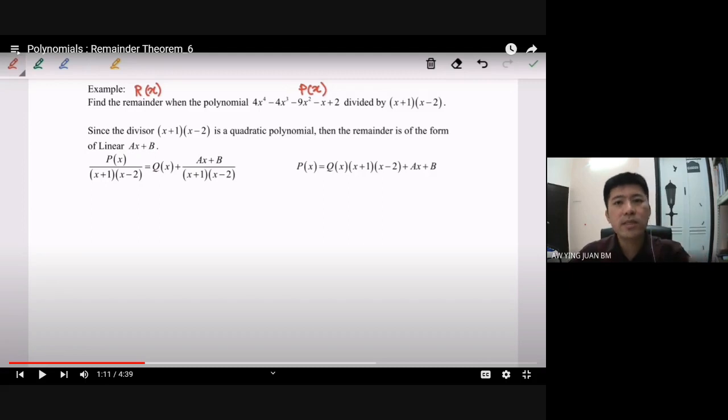Tadi mula-mula masa kita bincang long division, saya ada mention quotient, divisor, polynomial, remainder. So this is what we call the standard form. Okay, the standard form 1. This one we call it as a standard form 2. Sebenarnya mereka dua ni sama. Okay, dua ini sama.